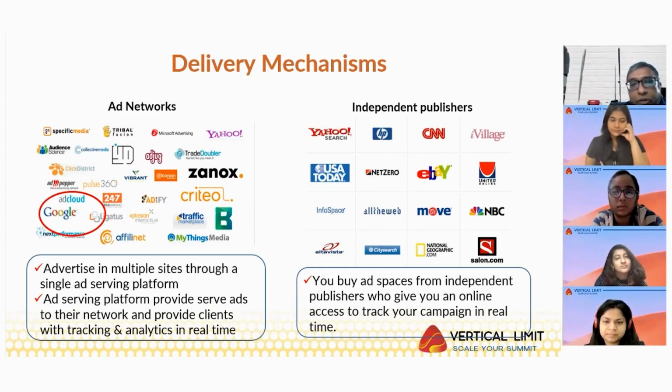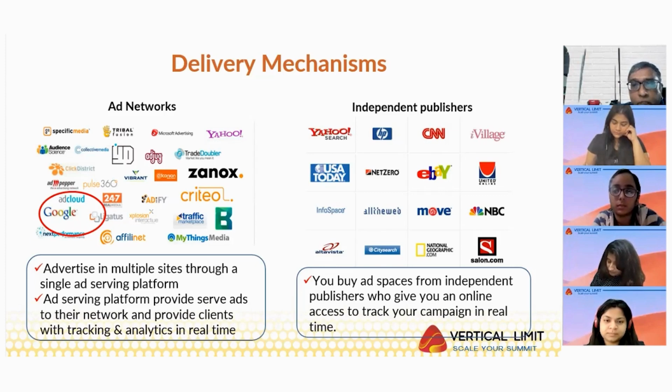So the ad network is nothing but a conglomeration or an aggregation of many, many smaller independent publishers who have tied up with a network like Google. So Google, Yahoo, they are all what we call as advertising networks. An independent publisher, a good example is Facebook. I am Facebook. I am the advertiser myself.